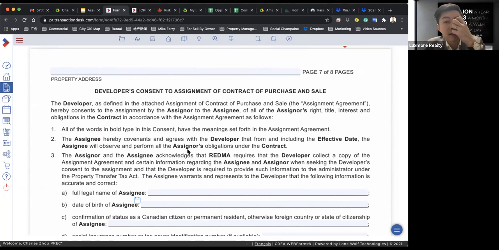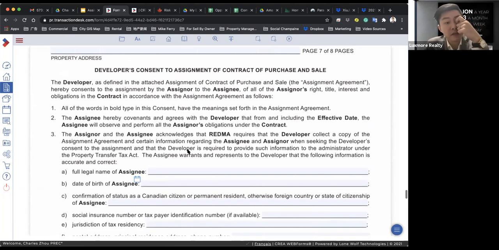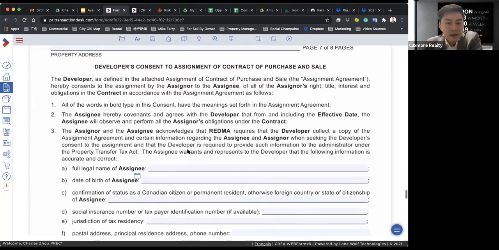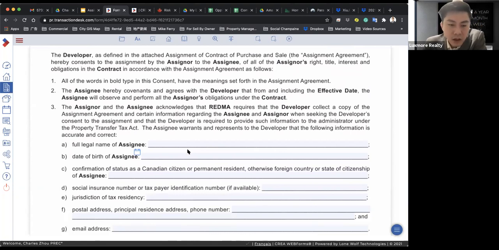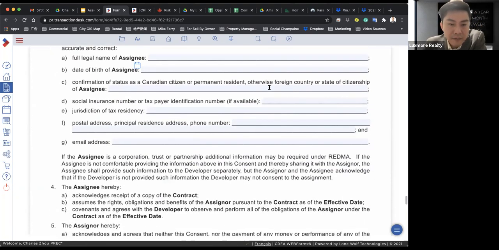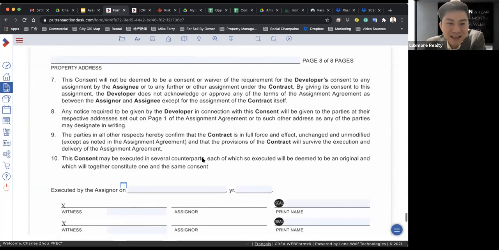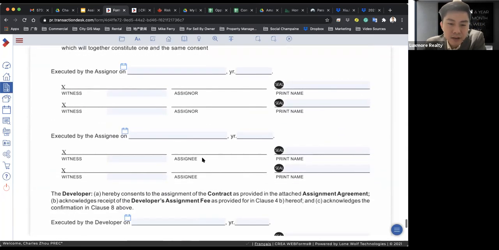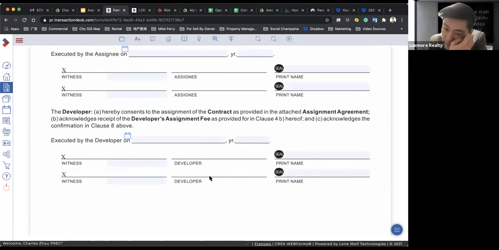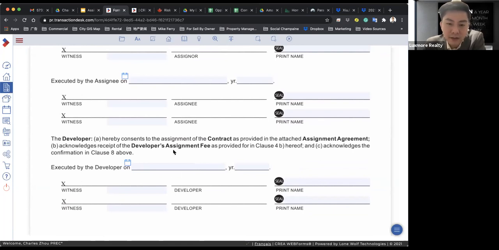And then on the last couple of pages, page 7 is the assignee's information. You will have to fill in everything for the developer to make another assignment of contract. And then the very last page has the developer signature part. Normally before, developers would sign on this page, or smaller developers would sign on this page as a consent.